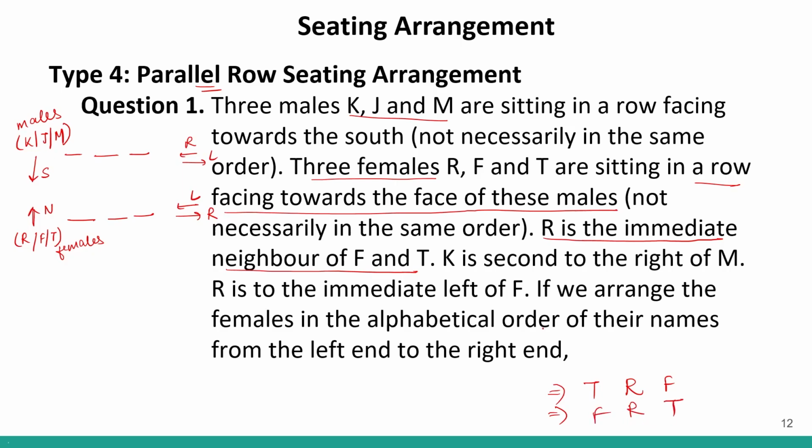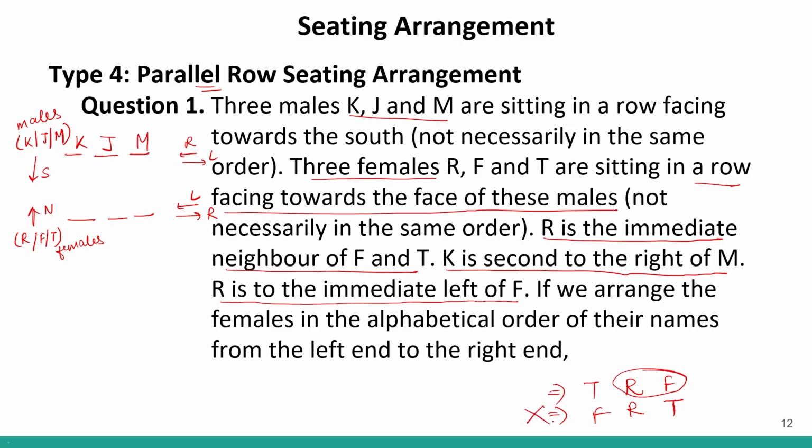Correct? Now, it is given to us that K is second to the right of M. So second to the right means M will be here, K will be here, because the right is in this direction for males. So the only person remaining is J. We can place J over here. Correct? Now, it is given to us that R is to the immediate left of F. So if R is to the immediate left, this is the position.